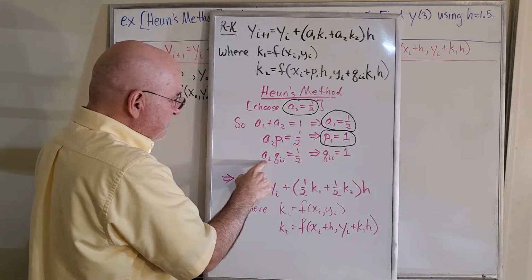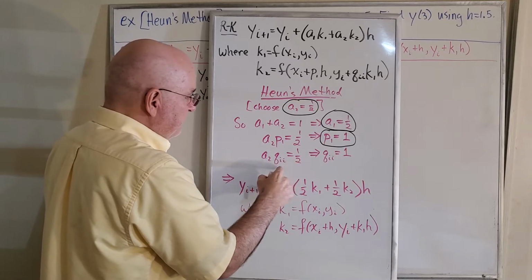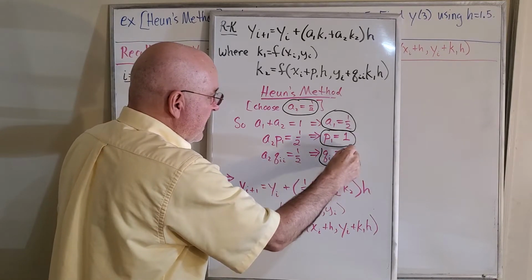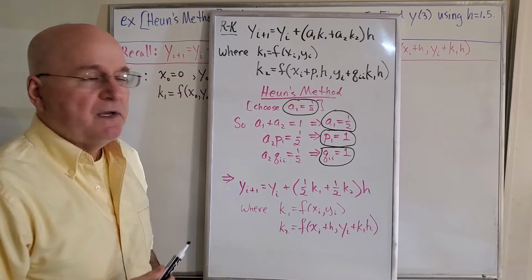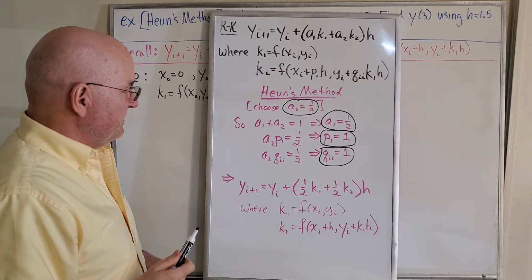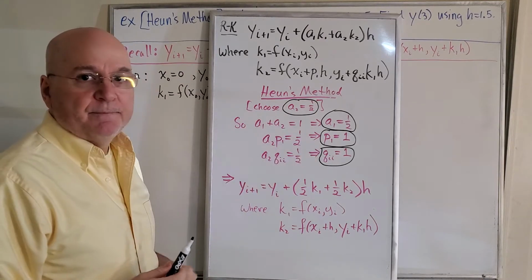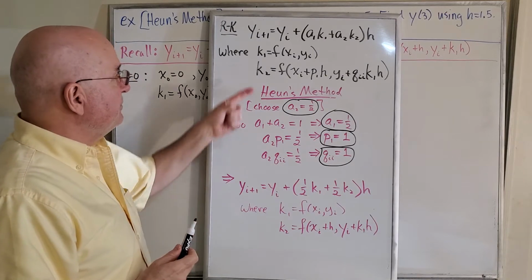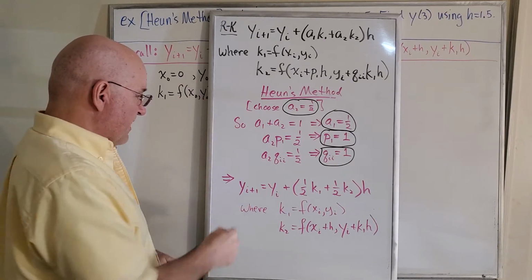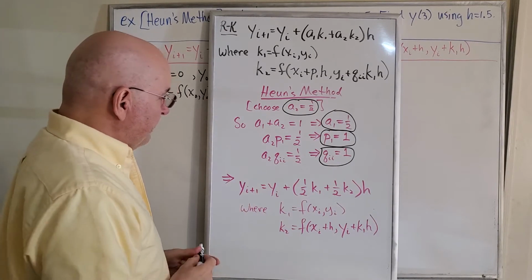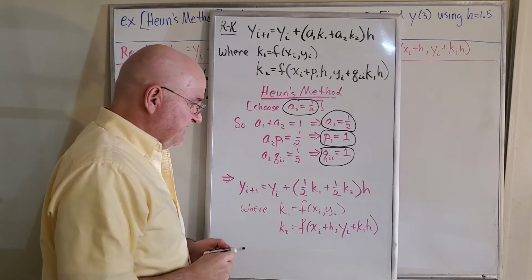And likewise, a2 q11 is 1/2. That means that q11 is equal to 1. So Heun's method uses these four values for the unknowns up here. And we end up with this: y_{i+1} is y_i plus 1/2 of k1 plus 1/2 of k2 times h.